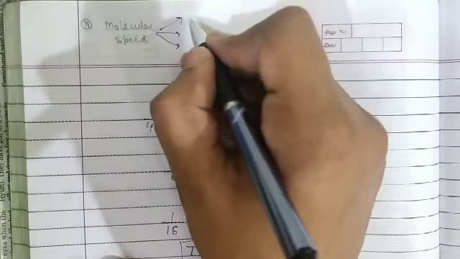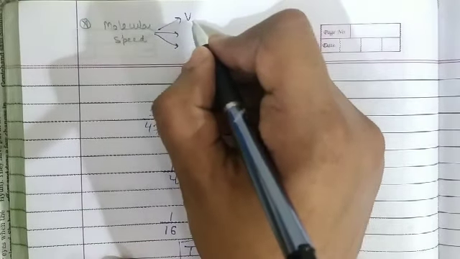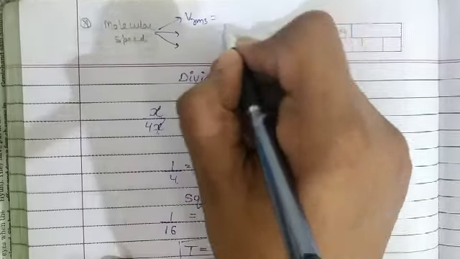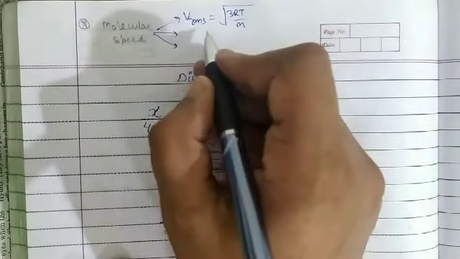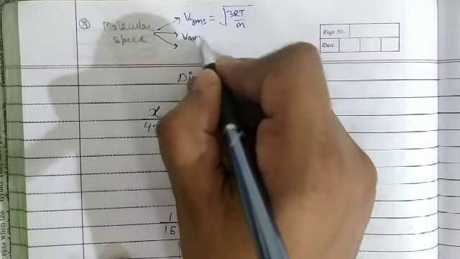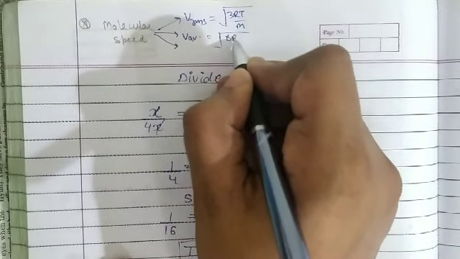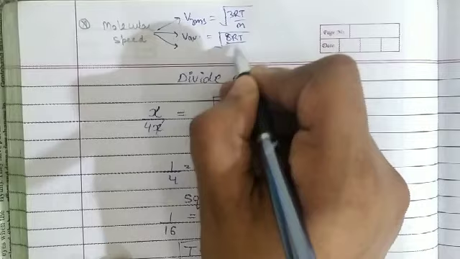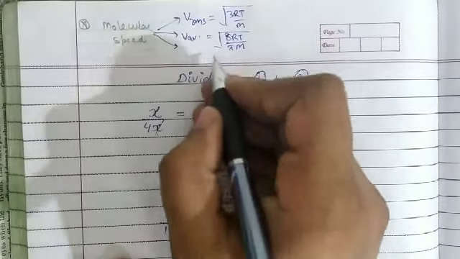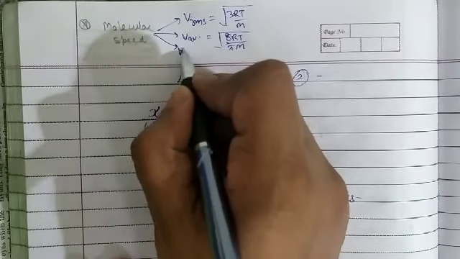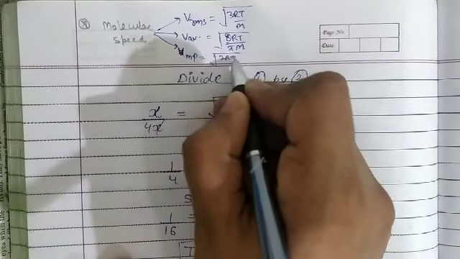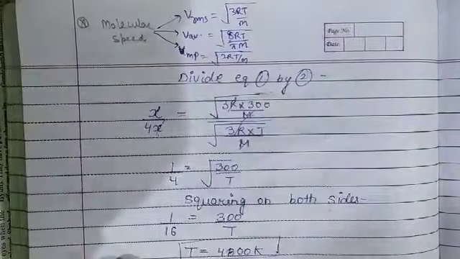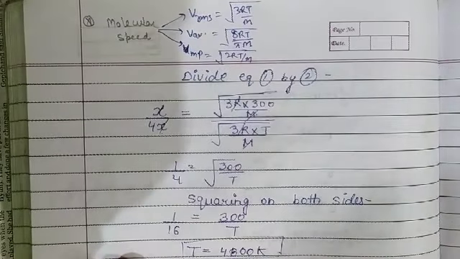One is VRMS, which is root of 3RT by m, one is V average, which is square root of 8RT upon pi m, and one is V most probable, which is under root of 2RT upon m. These 3 molecular speeds we have discussed.